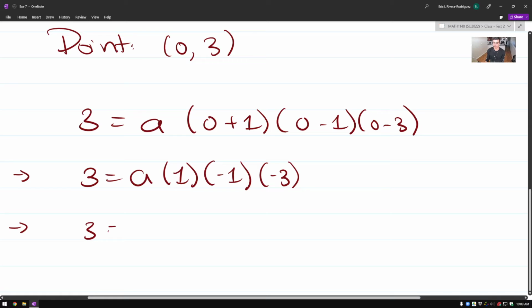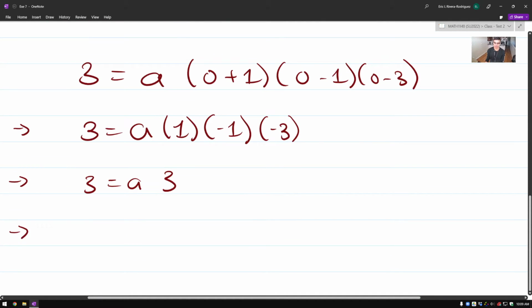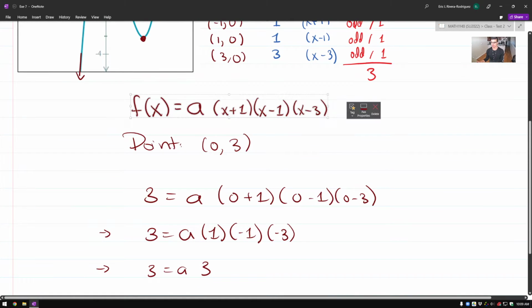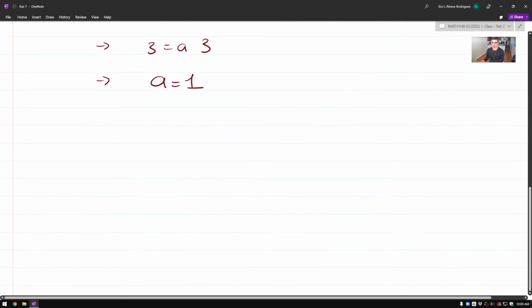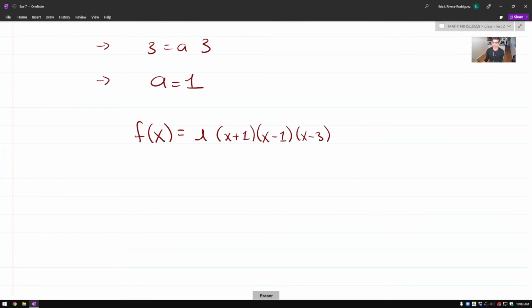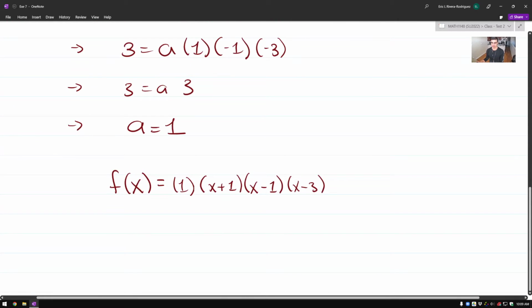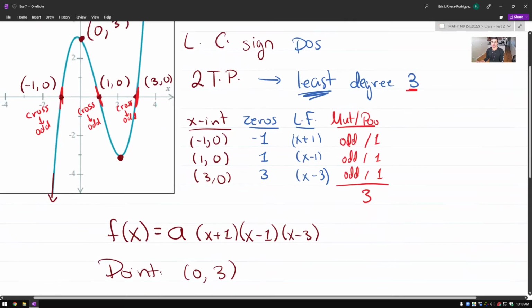So we have 3 equals a times 3. We divide both sides by 3, and we get that the value of a is just 1. To finish our exercise, we write our equation, and because the value of a is just 1, we can omit it or just put 1 there. And that is the final answer. Okay. Any question?